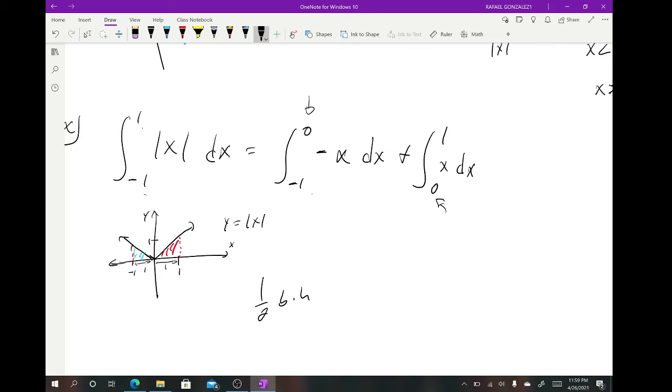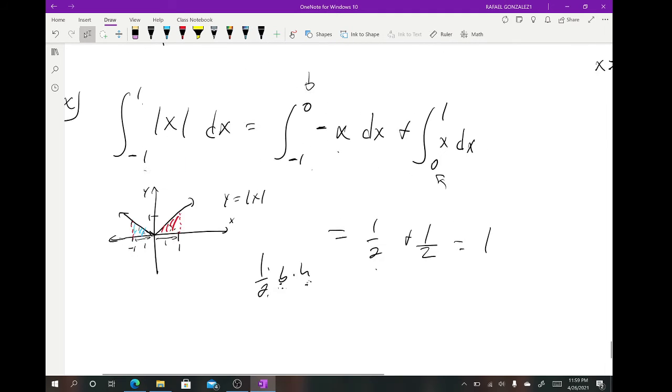So what we have here really is 1/2 plus 1/2, because if the base and height is 1, then for both of them you get 1/2 times 1 times 1, which is 1/2 plus 1/2, which is 1. So the area of these two sides is just 1, and that makes sense.